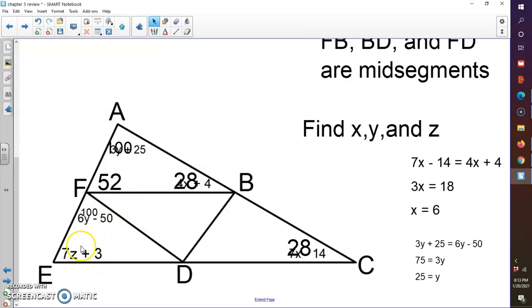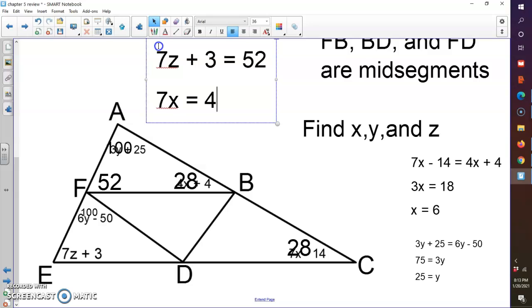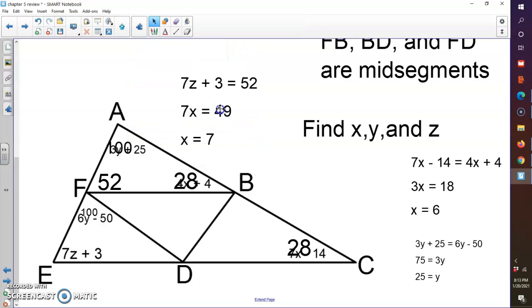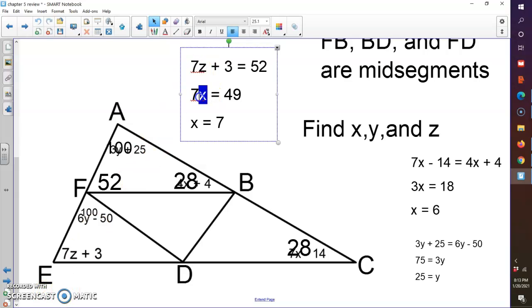And 7z plus 3 is corresponding to this angle right here. So this one is simply going to be 7z plus 3 equals 52. Okay, 7z equals 49. Sorry, that should be a z, and this should be a z. But my z equals 7.